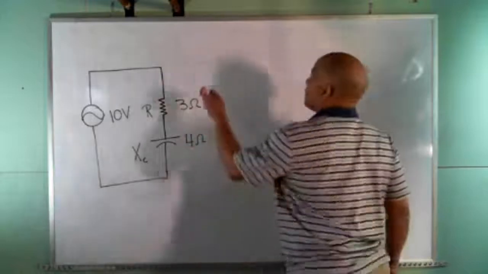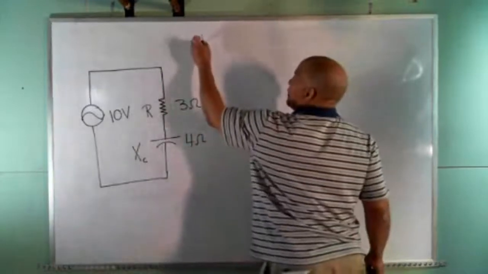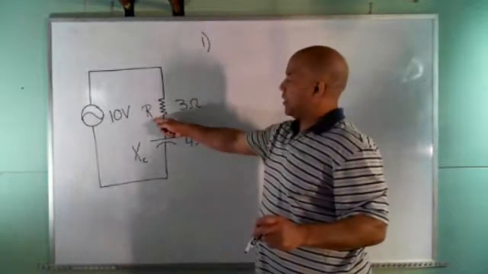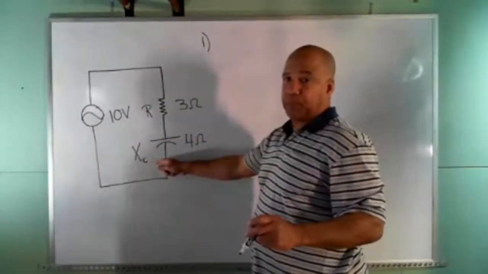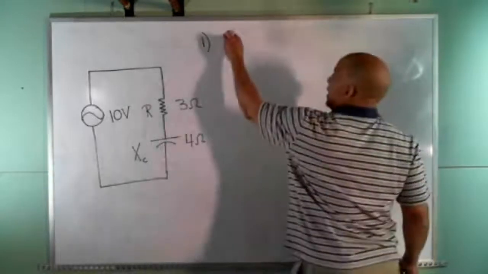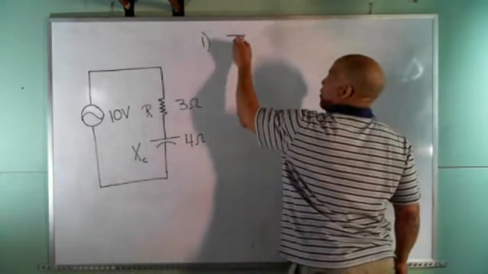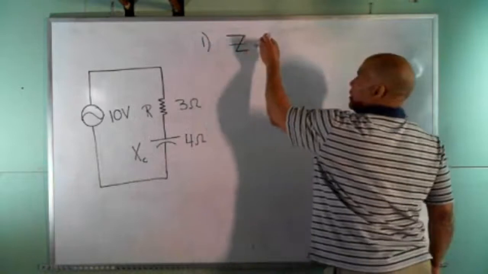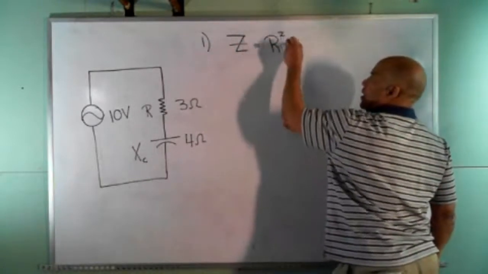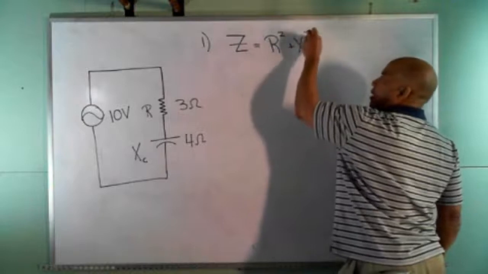The first thing to do is find the total opposition, which, since this is an AC circuit with resistive ohms and reactive ohms mixed, is called impedance. So I'm going to find Z. We already found that before. Z is the square root of R squared plus X squared.